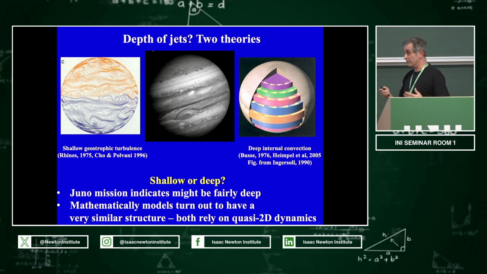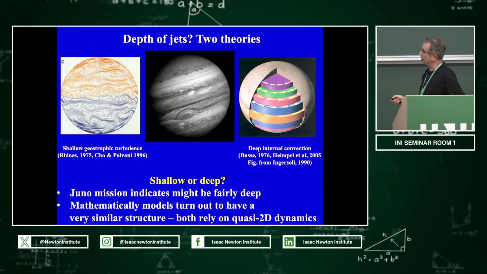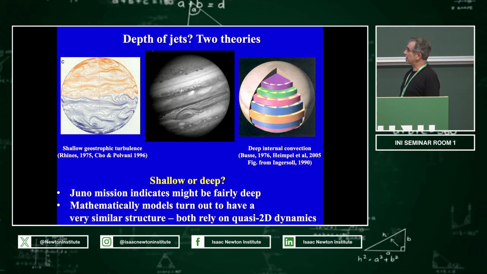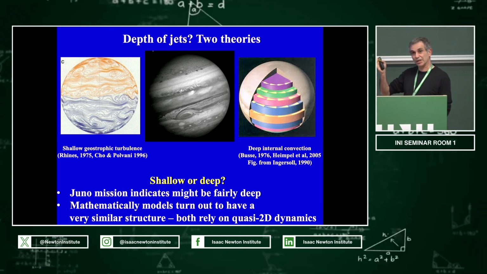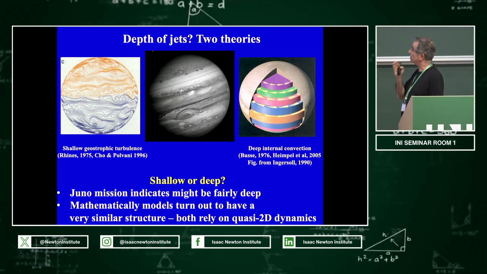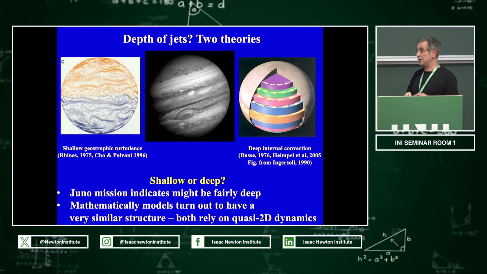There are some very nice models based on this. The second paradigm is that the jets are driven deep via convection, and the quasi-2D dynamics arises not from stratification but from rapid rotation.